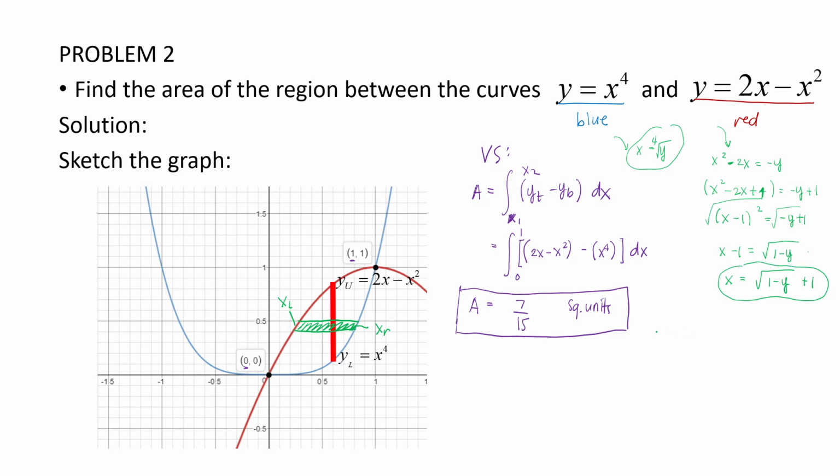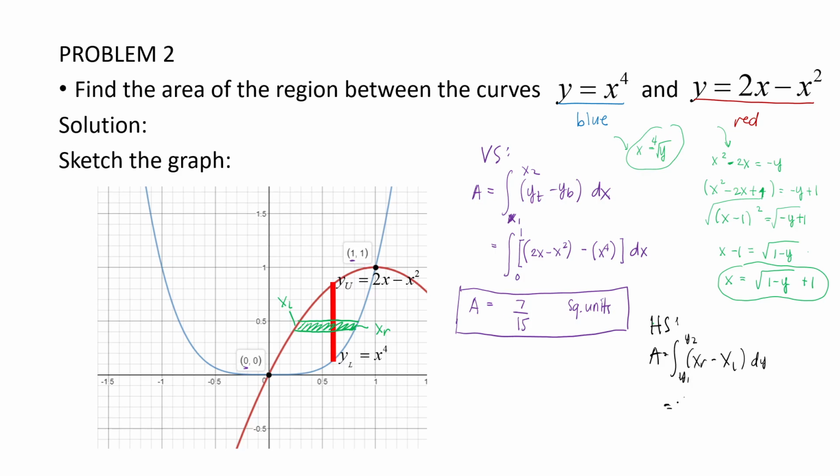Okay, so notice that if you're going to use the horizontal strip now, let's try solving it. The calculator is a bit slow, so try it on yours, it's super complicated. So horizontal strip, area is equal to the integral of x right minus x left dy from y1 to y2.